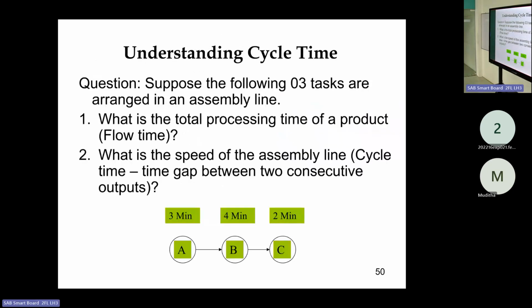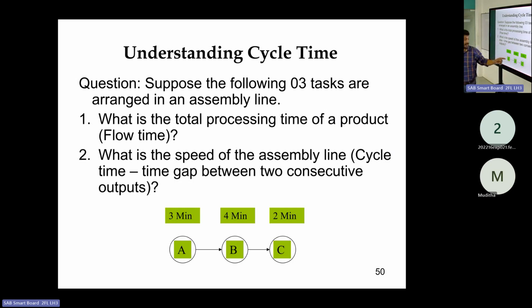Right, to understand what we mean by cycle time before going to calculations. Before this slide, now assume that there's a process. There's a process that is arranged as an assembly line. Process is divided into tasks.